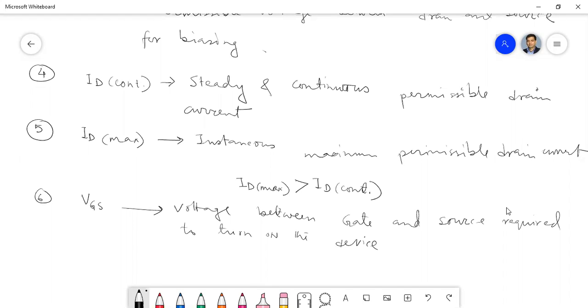Device means the MOSFET. Okay, so these are the important parameters for power MOSFET.